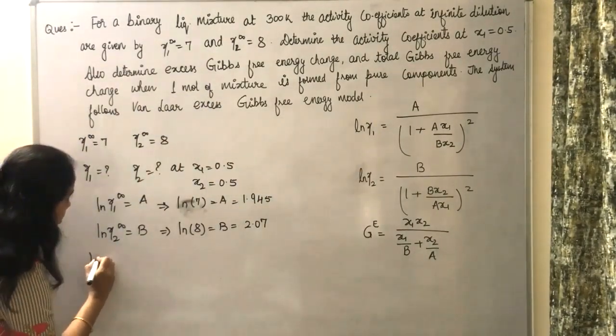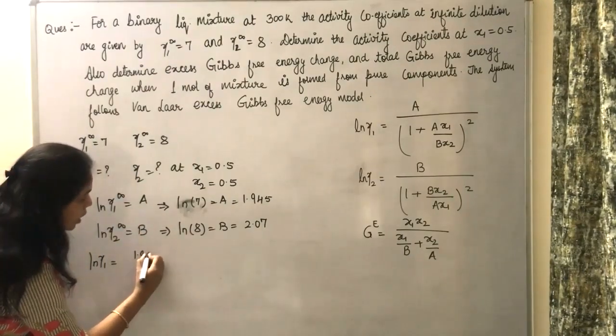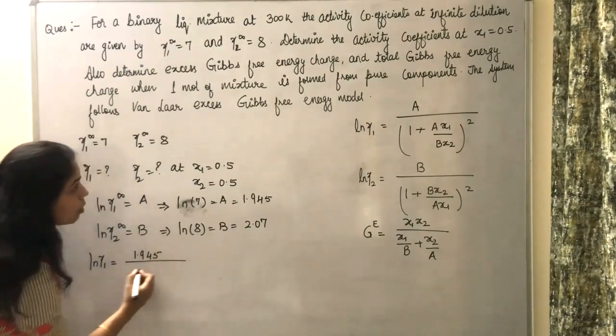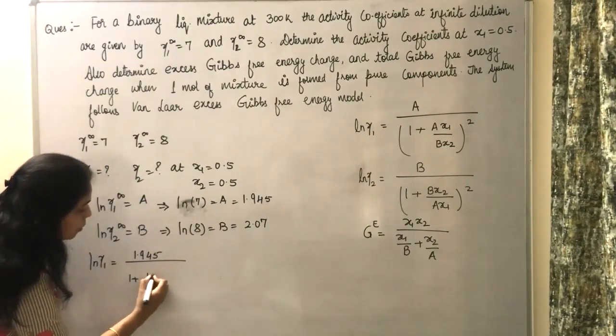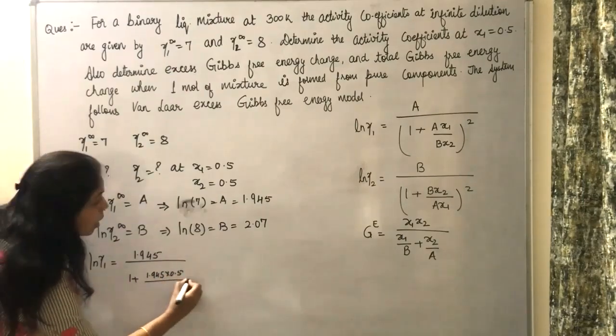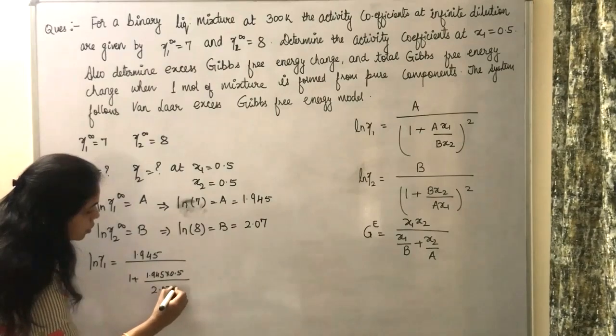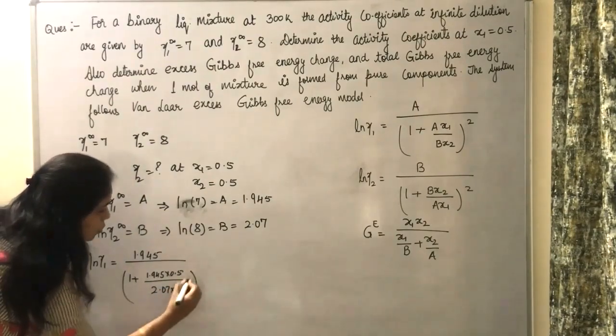So ln gamma 1 equals 1.945 upon 1 plus 1.945 into 0.5 upon 2.07 into 0.5, whole square.